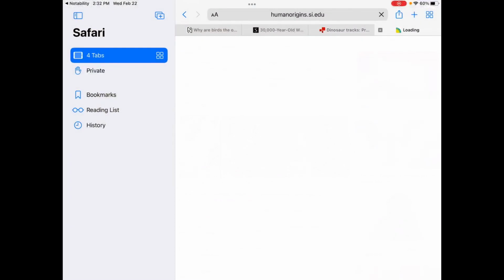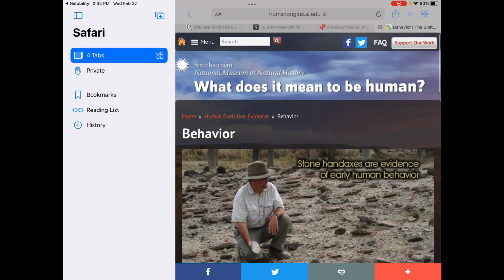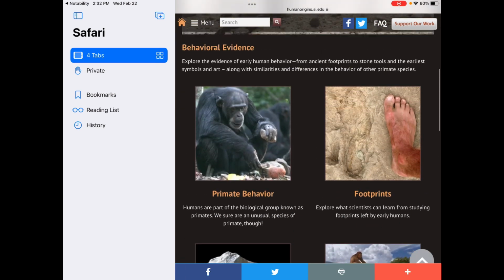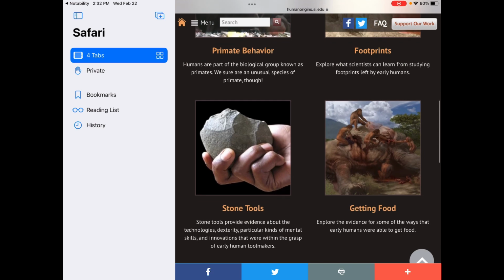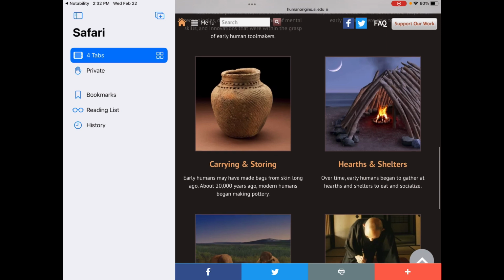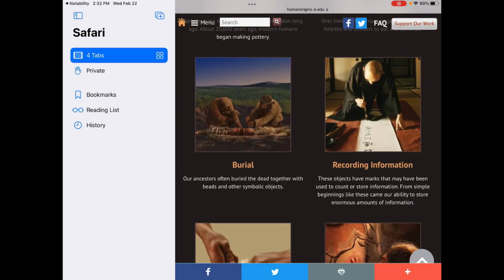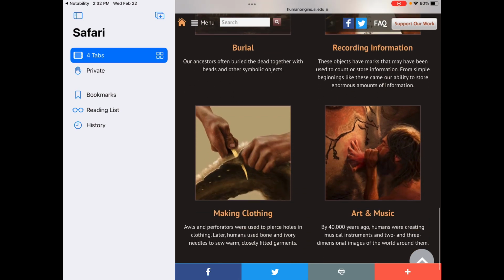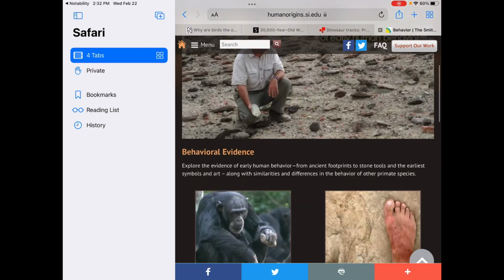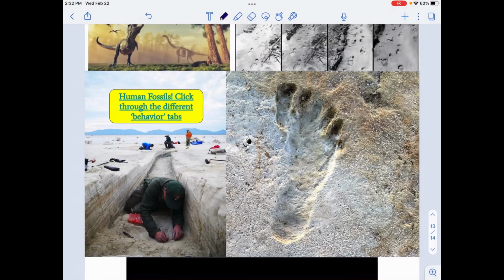And here is a really cool website that is going to describe more about the types of behavior that humans have shown through fossils, like how they've gotten food, the kind of tools that they developed, how they lived, what they stored things in, about burial and treating the dead, right? About recording information. So if you want to check that out, there's a really cool website here that will tell you about different types of behavior fossils.